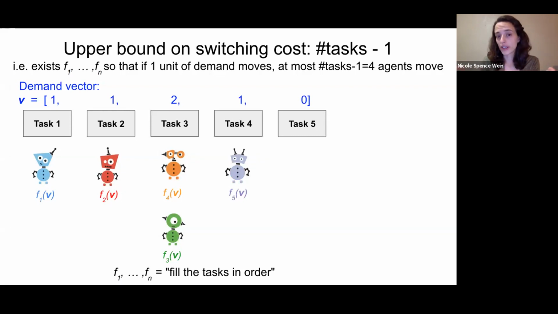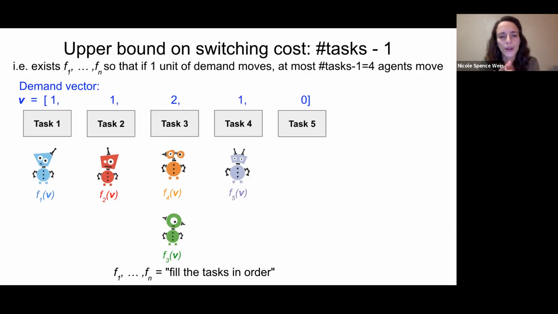More generally, the number of agents that shift over by 1 is going to be at most the number of tasks minus 1. So this shows that there do indeed exist a set of functions that achieve switching cost number of tasks minus 1. And the question is, can you do better than this?